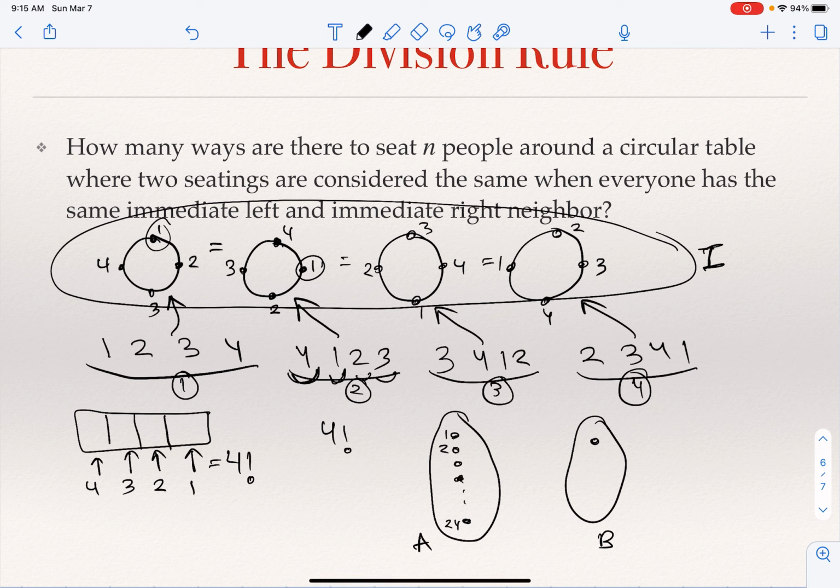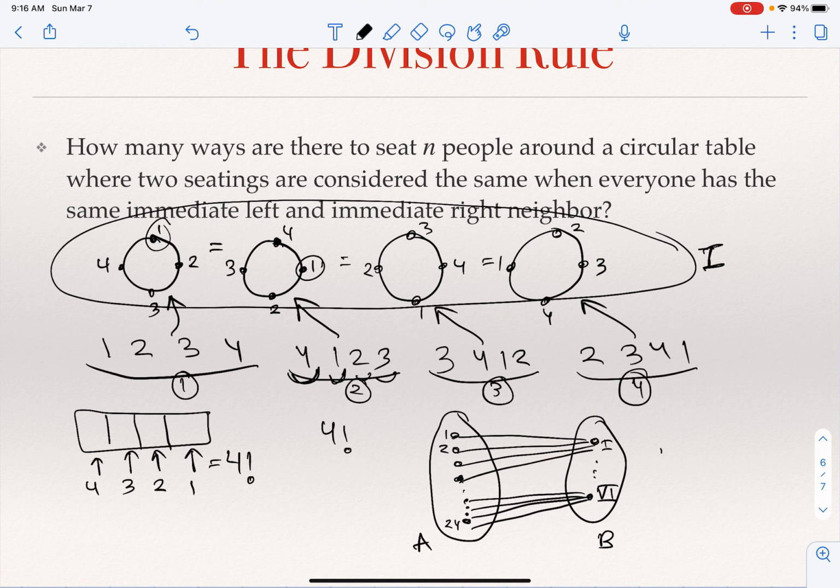What I'm saying is that these 4 linear seatings correspond to exactly the same one. If you look at the 6th seating here, you will find that 24, 23, 22, and 21, all these 4 correspond to the same seating, seating number 6, around a circular table.